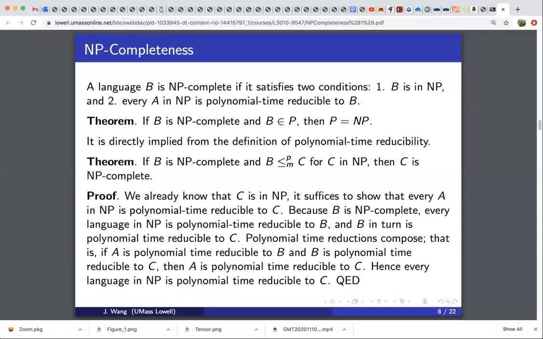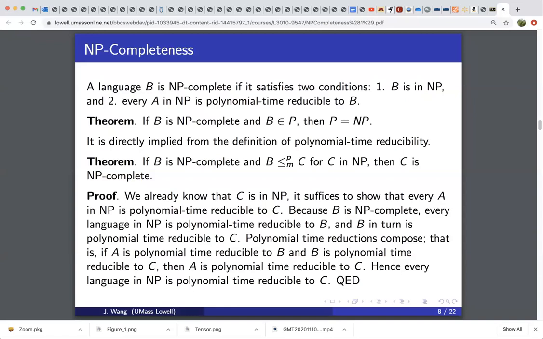That means NP is the same as P. However, the first NP-complete problem was identified in the early 1970s, in 1972 and 1974, separately by two computer scientists.